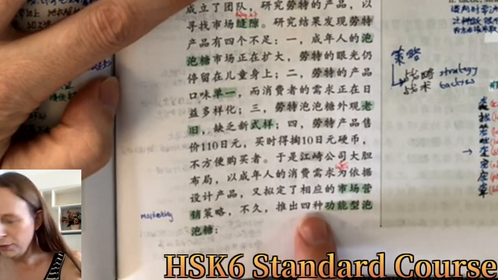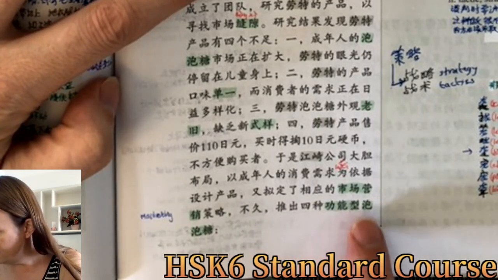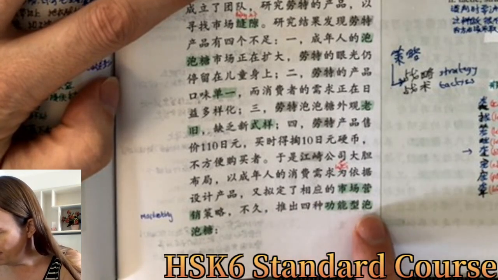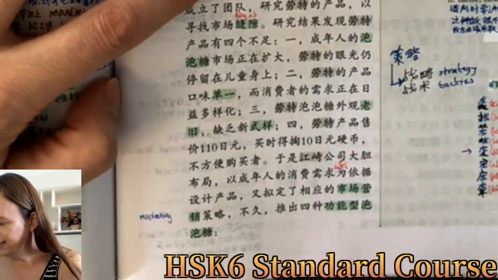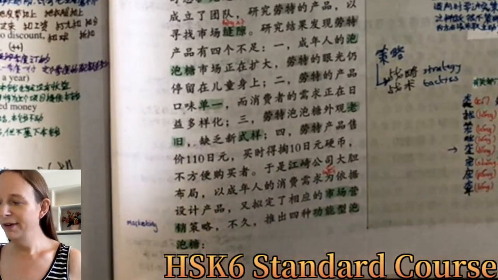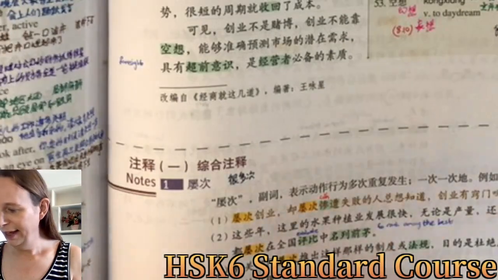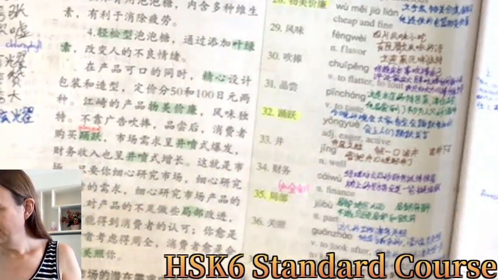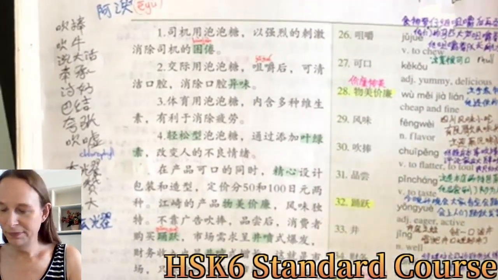不久推出4种功能型泡泡糖。So 功能型 would be like functional bubble gum. I don't know. Anyway, it's something about their bubble gum.